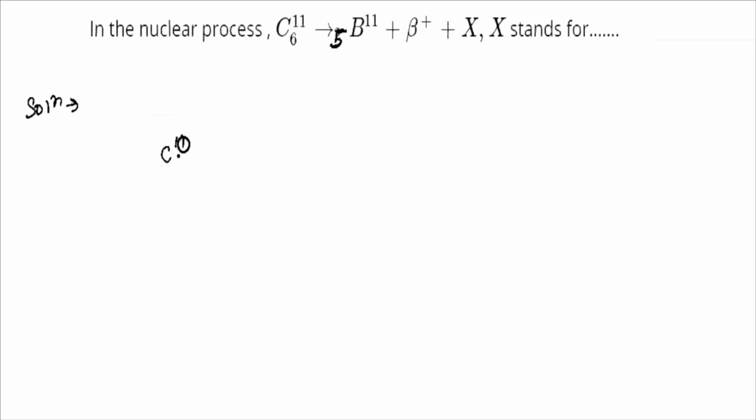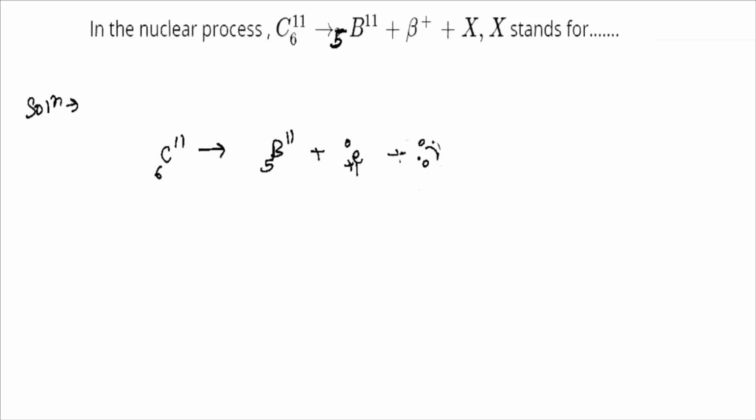So in this decay, if carbon 6, 11 decays into boron 11, 5, plus a beta positive particle represented by a positron, which has charge plus 1, plus a neutrino having 0 mass number and atomic number, because we have to balance both sides, atomic number and mass number, so it is already balanced.